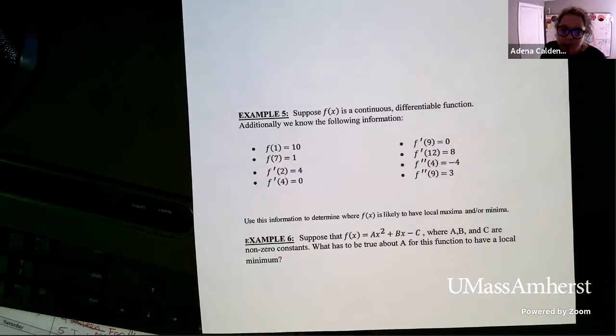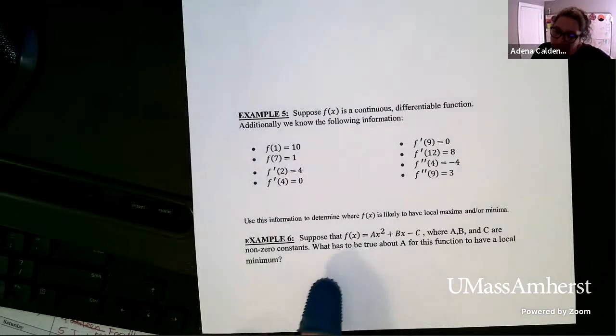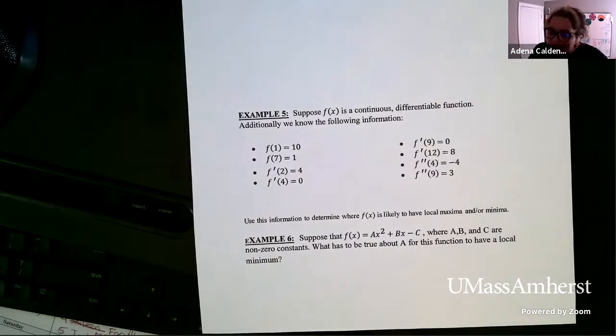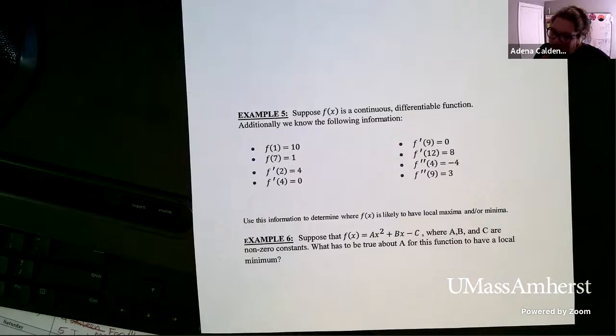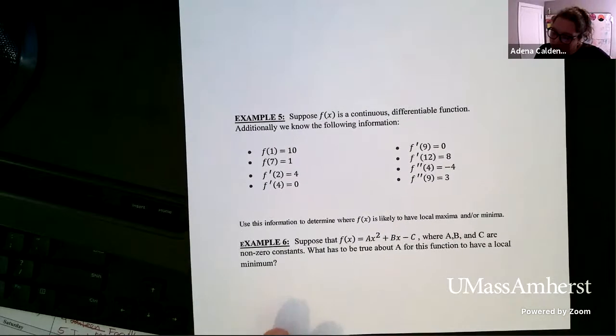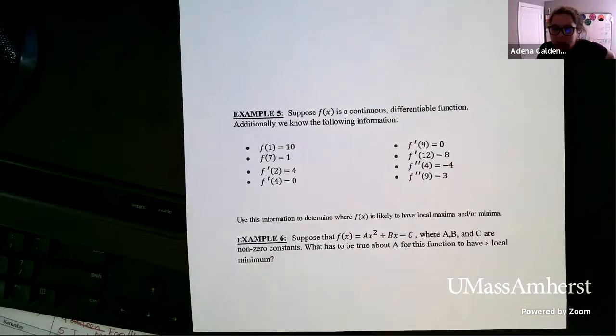And for number 6, we're asking the question, what constraints or what needs to be true about A in order for this function to have a local minimum? So I want you to think about what the first derivative of this function might look like and the critical point, and what the second derivative might look like, and if we can use either of those to figure out anything about A. Okay, so I'm going to give you about 3-4 minutes, since these are a little more conceptual.